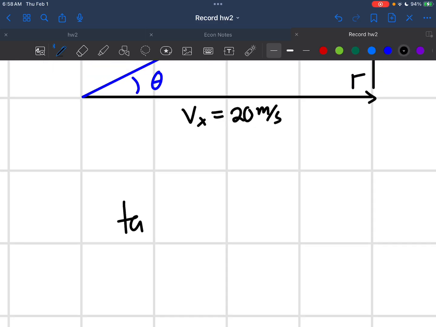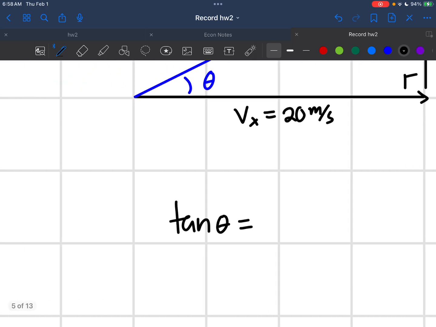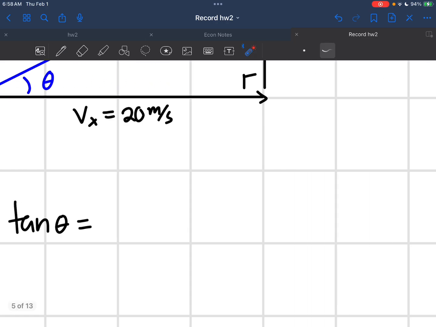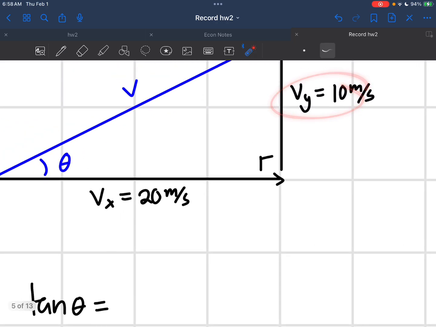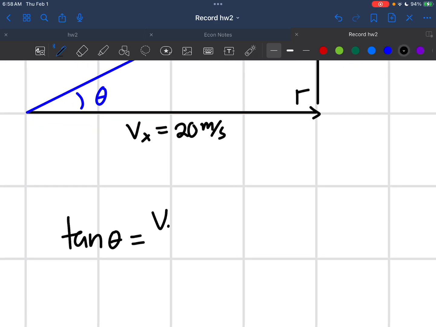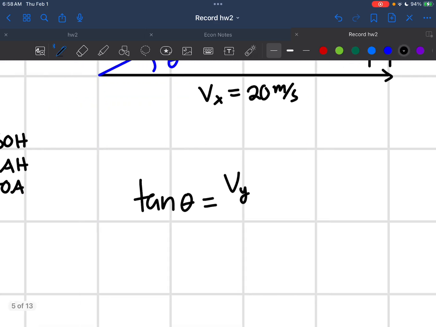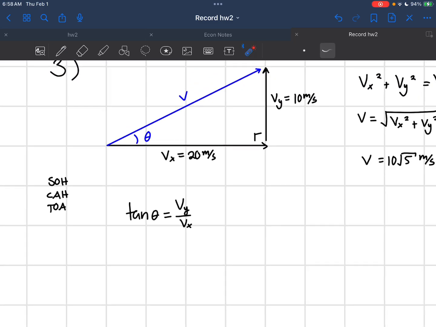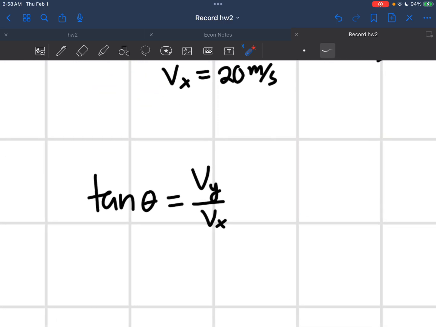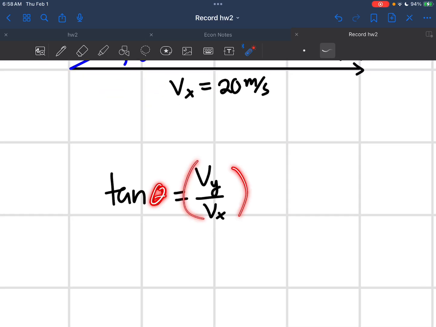I'm going to say that my tangent of theta, right? So SOHCAHTOA, tangent would be opposite over adjacent. Opposite would be Vy over adjacent, which would be Vx. Okay. And then I have to solve for theta from this.